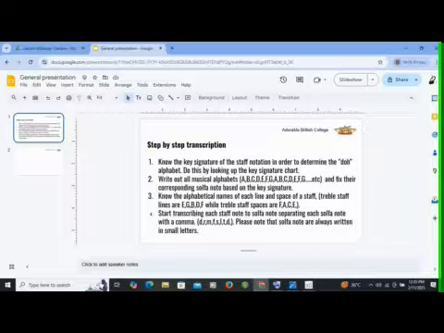It will always help you to remember these 5 different alphabets. First line, second line, third line, fourth line, fifth line: E, G, B, D, F.